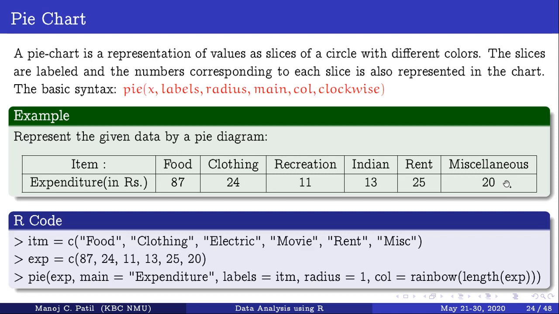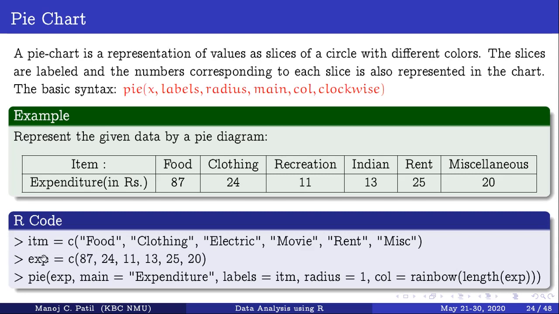So for this, the pie chart is a very good example. Okay, so here we can store these values 87, 24, 11, 13, 25, 20 in variable x. We can store the labels food, clothing, in, suppose, item, and expenditure in exp command.